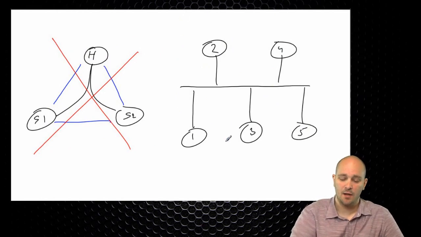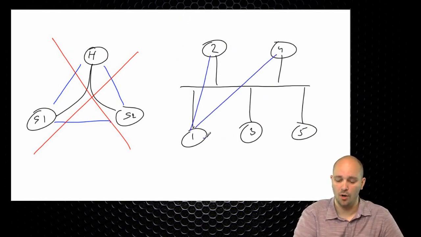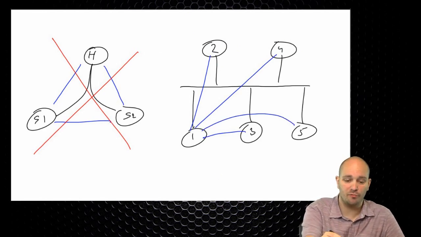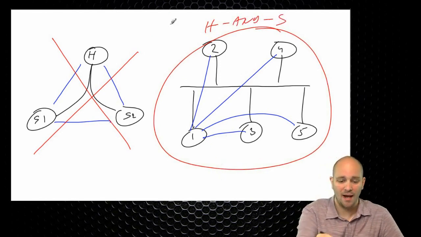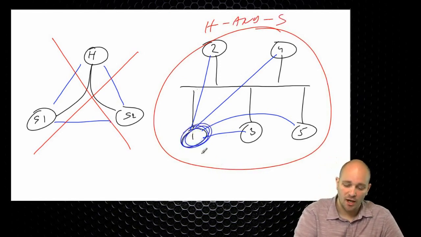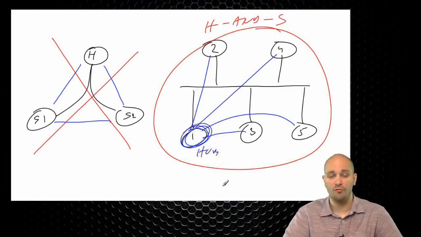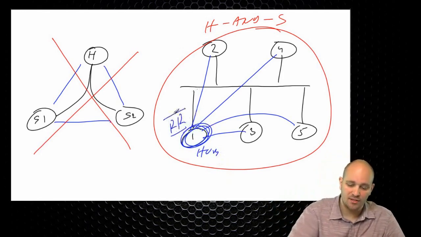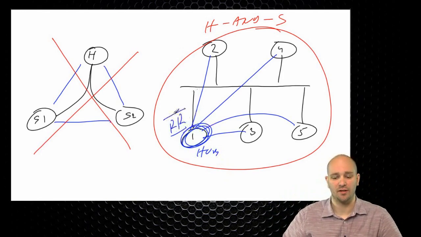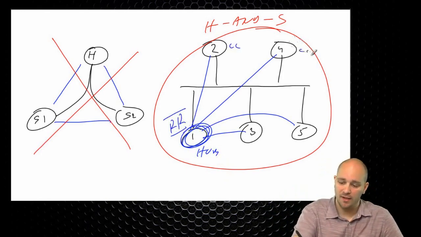And the task said, peer all routers with R1, but don't make any other peerings. Now, for the purposes of BGP, this does look like hub and spoke. Why? Because this router here appears to be the hub of your BGP peerings. In this case, this here needs to be made into a route reflector, and these here need to be clients.